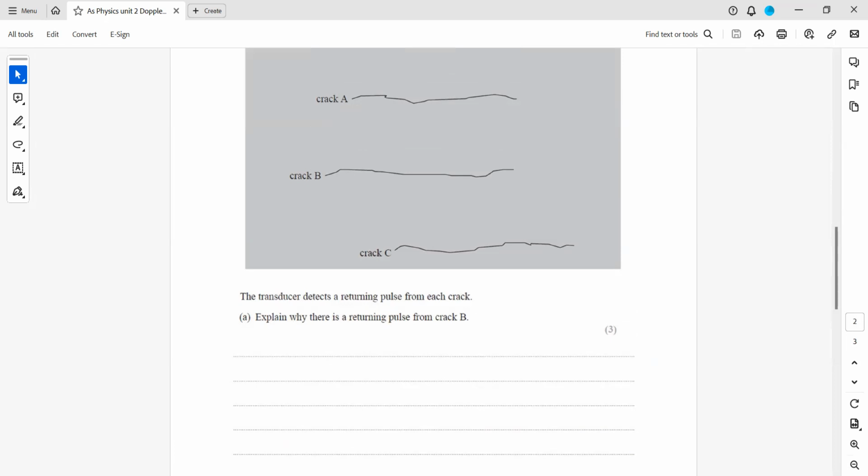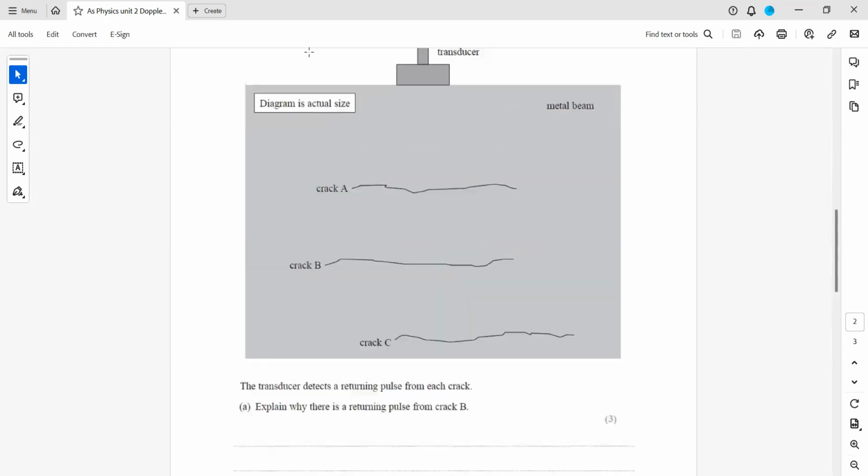So what actually happened? The transducer is sending radiation, and it is reflected from A, some radiation is reflected from B, and a very small proportion is reflected from C. Why? For example, if we send 100% radiation, maybe 30% is reflected back.